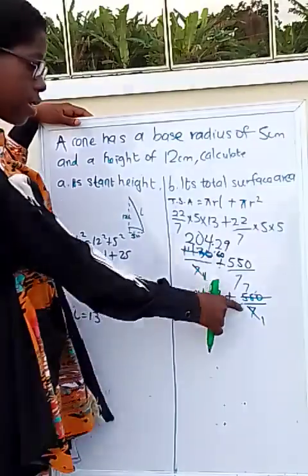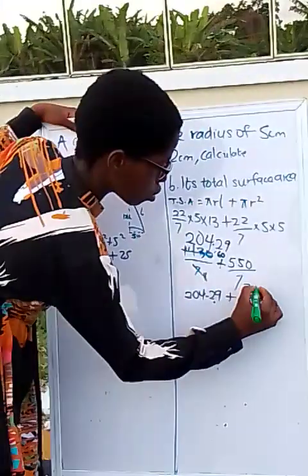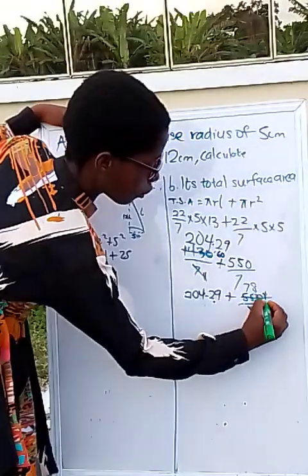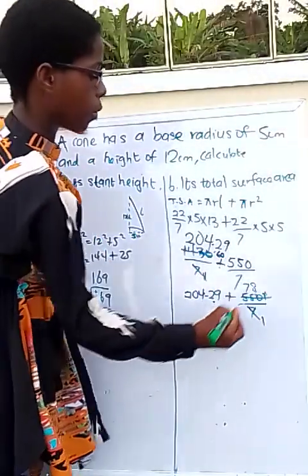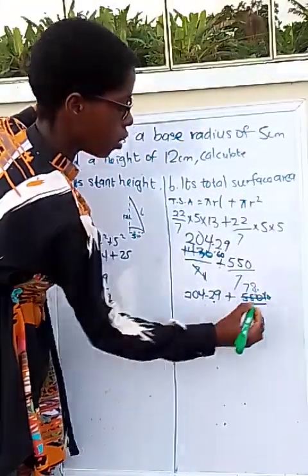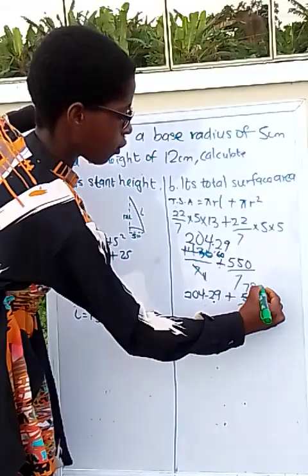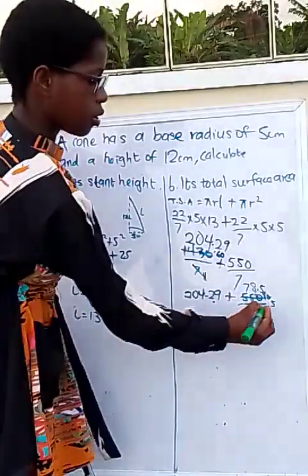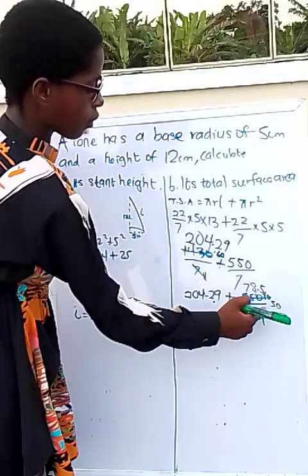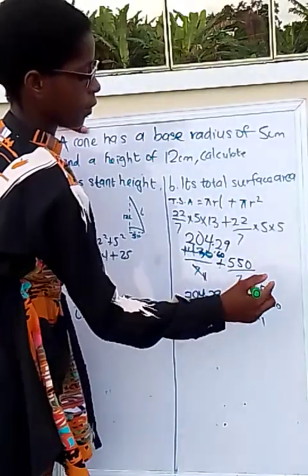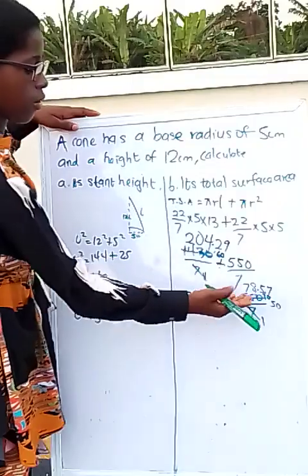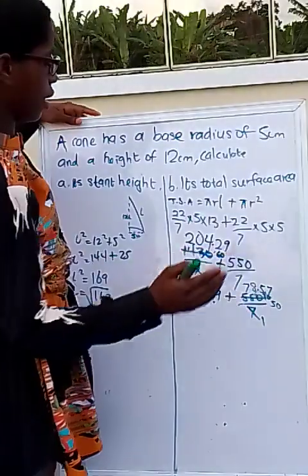Remainder 4. So you put the 4 here. 7 in 4 is not possible. You put points and add 0. 7 in 40 is 5. Remainder 5. So 7 in 5 is not possible. You add 0. So 7 in 50 is 7. So let us stop here, because if we keep dividing, the process will be difficult. So now, sorry, this is 8, not 9.